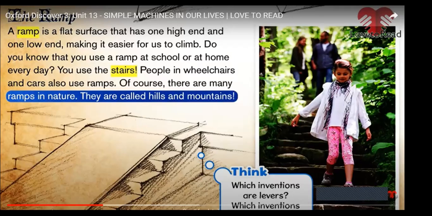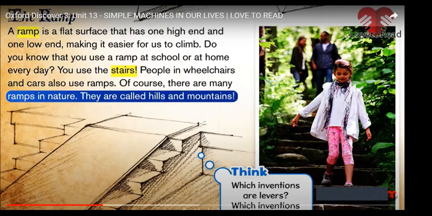Yes, we have a lot of stairs in our school, and we use those stairs on a daily basis. Like when we are going up to the classes, when we are coming down to the ground, or when we are coming down to play somewhere, or to go to the swimming class. So we are using stairs all day. So stairs are an example of a ramp, okay?